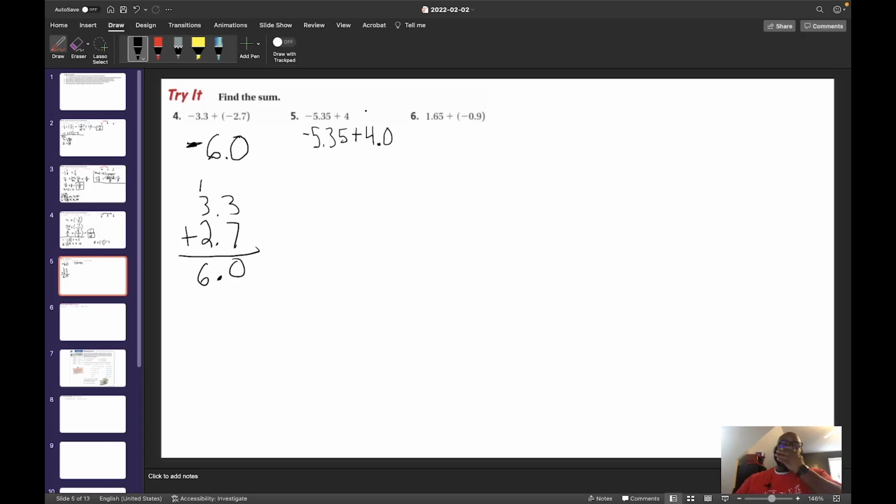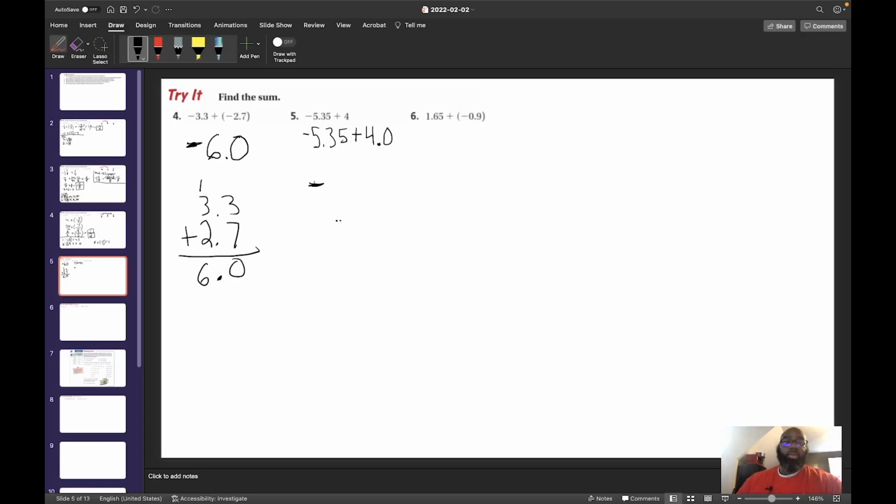When you're adding two numbers with different signs, the answer takes the sign of the bigger number in magnitude. The answer is going to be negative because 5.35 is bigger than 4. And the final answer is going to be the big number minus the small number, which is the magnitude of your final answer.